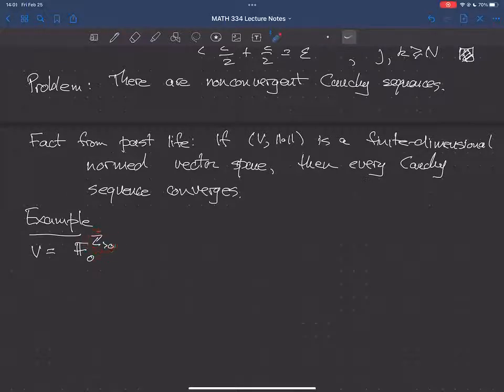So what is this space? This space is going to be mappings from the positive integers into F, where the mapping vanishes except on at most finitely many of these positive integers.